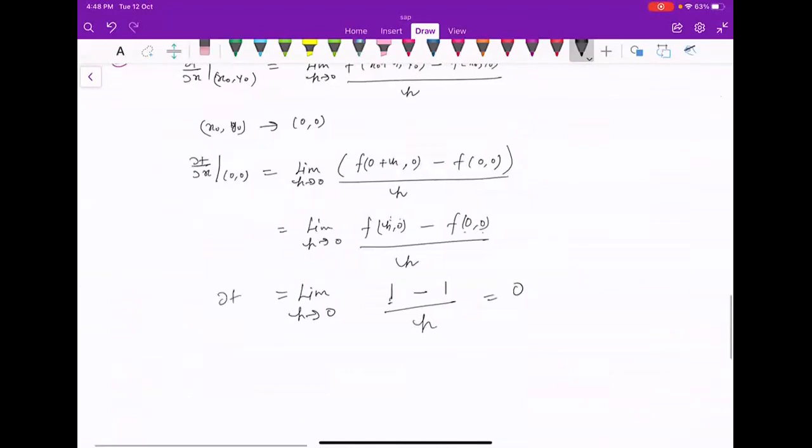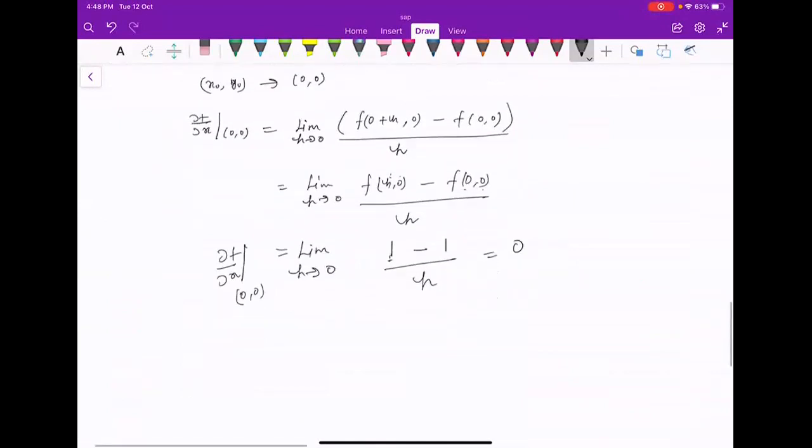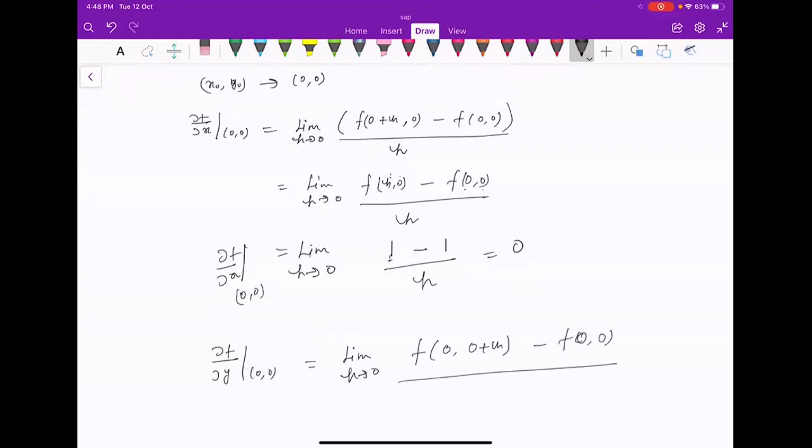So del f over del x is what? The limit does exist, and it is coming out to be 0. Now compute del f del y. Limit, I'm writing directly, f of x0, which is 0, 0 plus h, minus f of 0, 0, upon h.